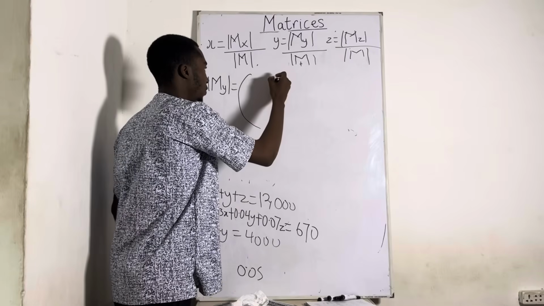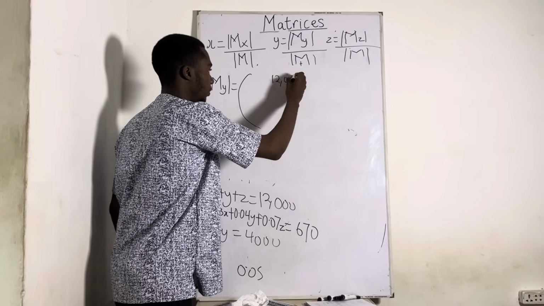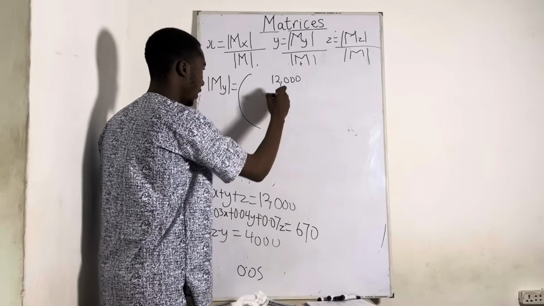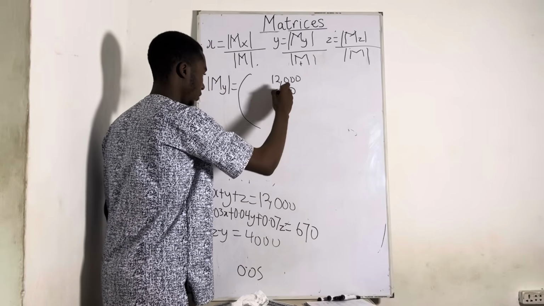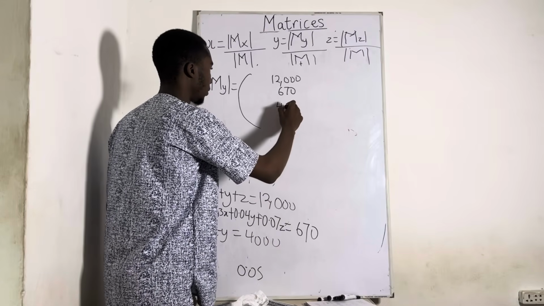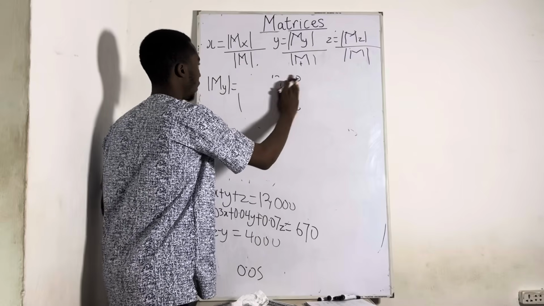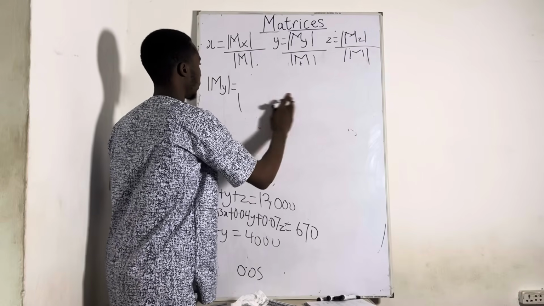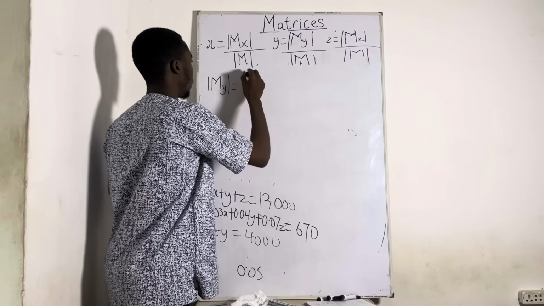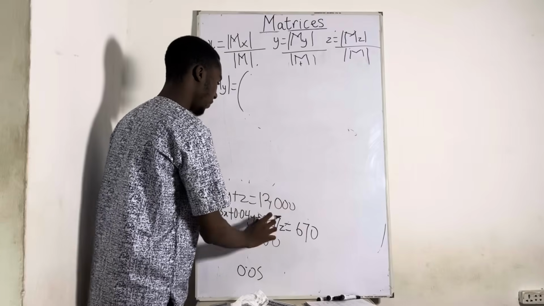So let's start with that one before we begin. So the Y value, so we have 12,000, then 670. Then lastly, we have 4,000. So our Y values, what is after the equal to sign?